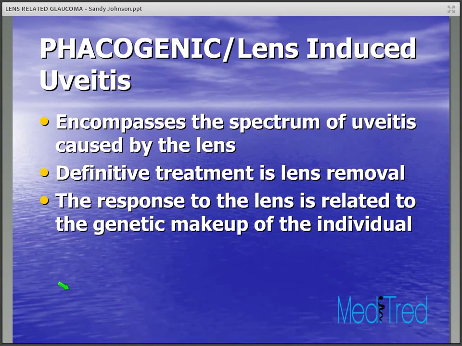And I want to mention that some of the phacoanaphylaxis patients, because it's so inflammatory, actually have hypotony instead of glaucoma. So that can also present with a low pressure. And going back to phacogenic, the idea is that our response to the lens is related to our individual genetic makeup, and that some of us get a lens-related uveitis that needs lens removal.